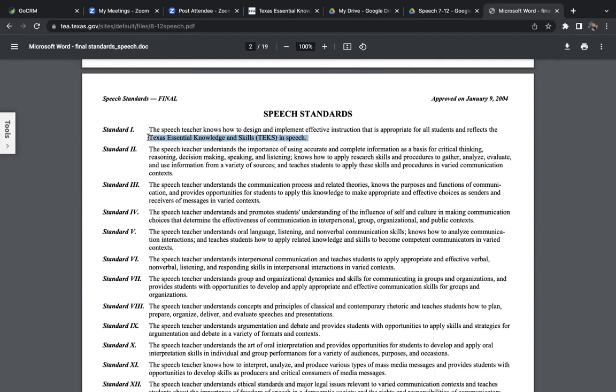And likewise, not just be able to do the skill, but instruct, assess, and evaluate their performance as they move along in your class.